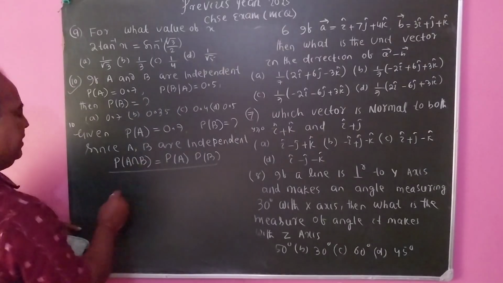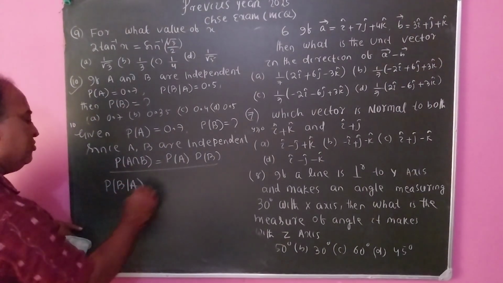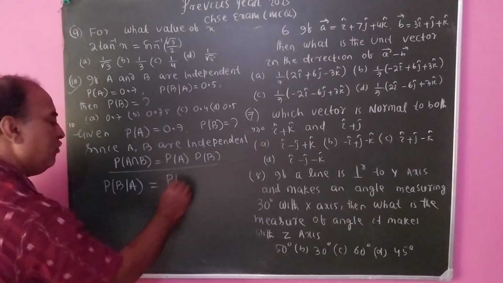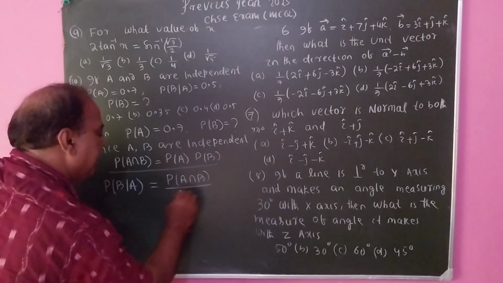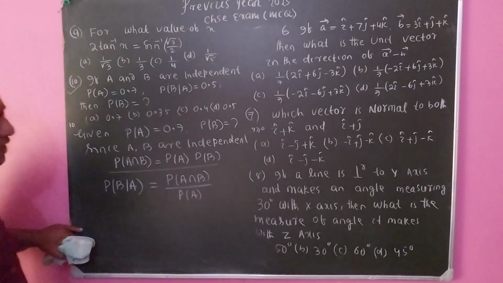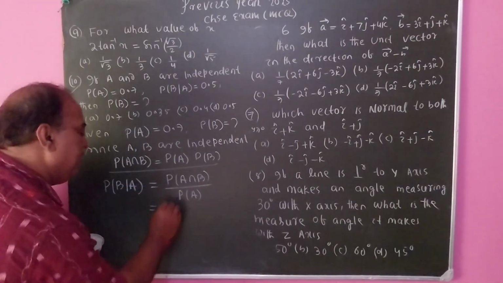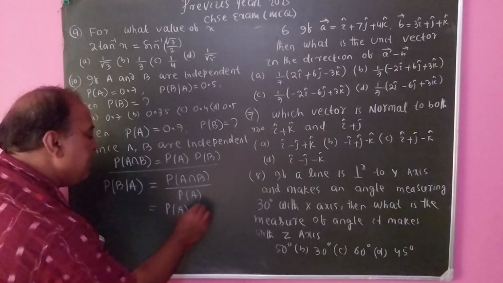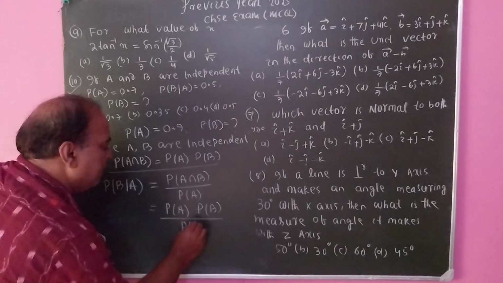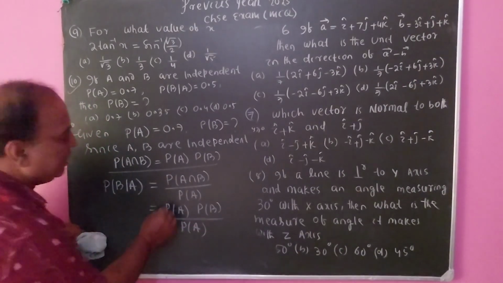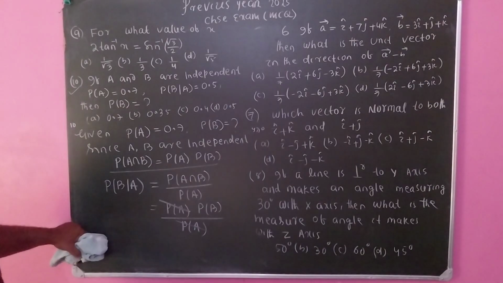So here it is given probability of B conditional A. That is one formula: probability of A intersection B divided by probability of A. Since A and B are independent, we apply probability of A times probability of B divided by probability of A. Probability of A cancels on numerator as well as on denominator.